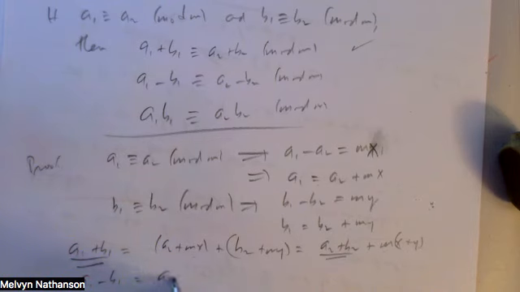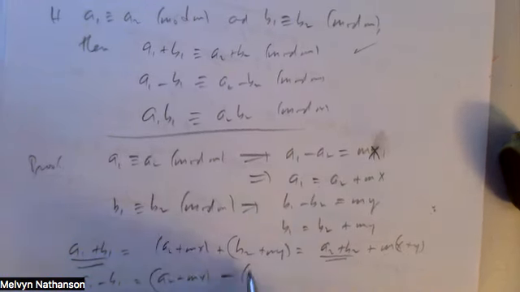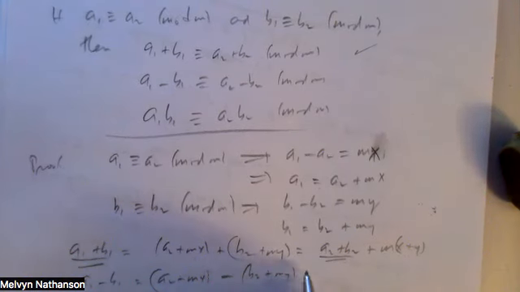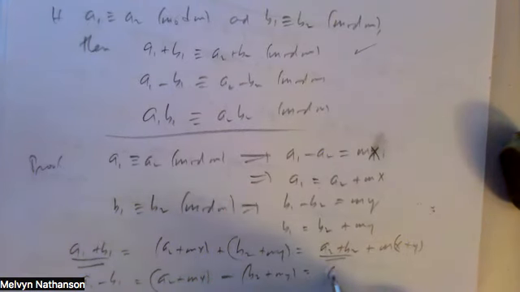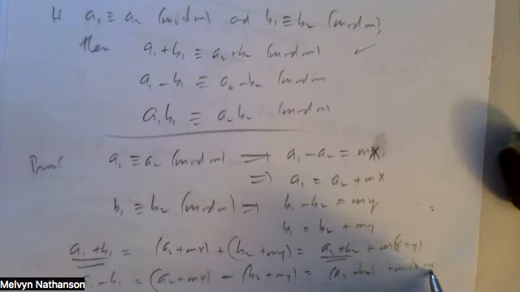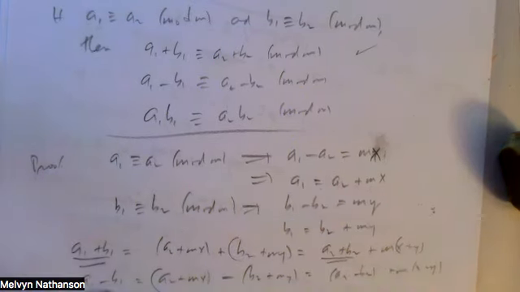So that proves this identity. And if I were to subtract them, it would be A2 plus mX minus B2 plus mY. If I rearrange that, that's just A2 minus B2 plus m times X minus Y. So again, A1 minus B1 minus A2 minus B2 is divisible by m.